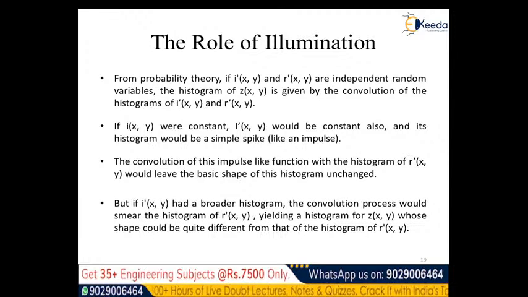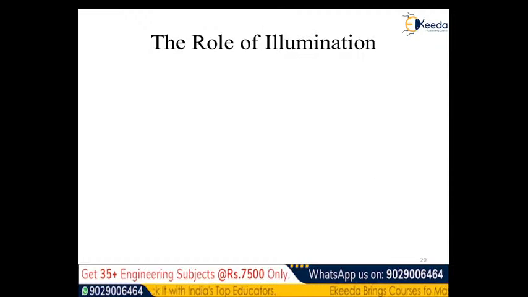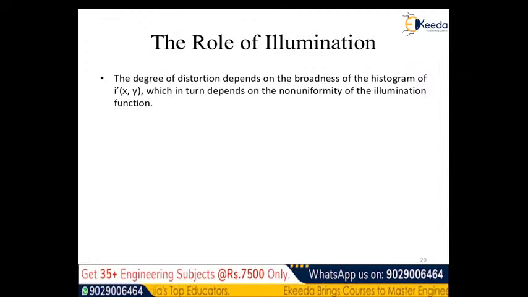So the degree of distortion will depend on the broadness of the histogram of the illumination part I dash of x comma y, which in turn depends on the non-uniformity of the illumination function.